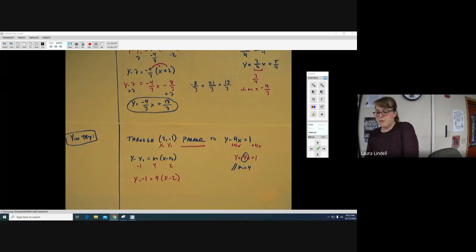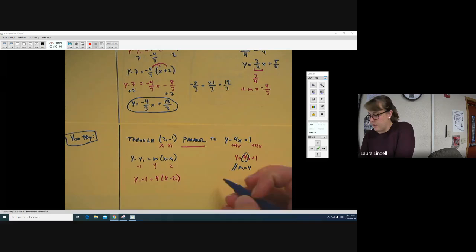All right, as people start to finish, if this is how you started things out, you're on the right track. Or if you did the slope-intercept method, you would have started things out like this.